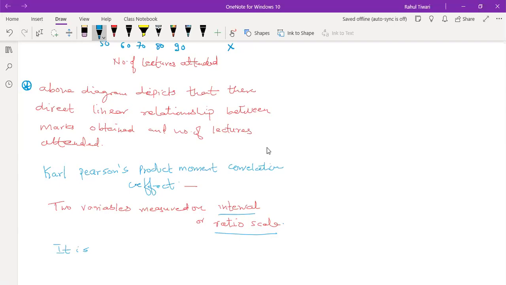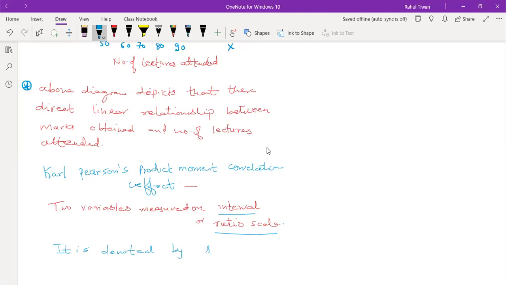It is usually denoted by the notation small r, but you don't go by those notations. Just try to understand that when we are given data of height and weight, then we apply the Pearson coefficient.